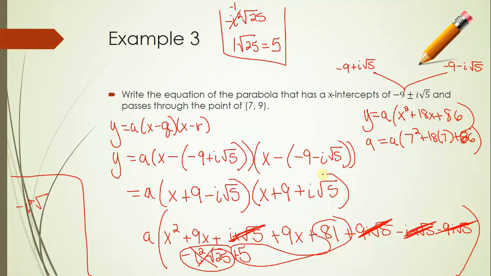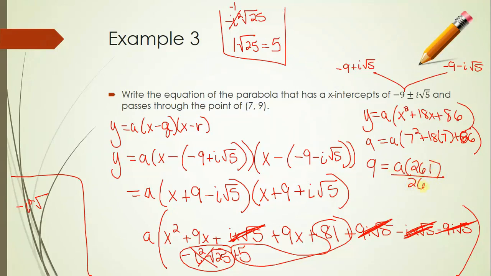So 7 squared is 49, plus 18 times 7, plus 86, which gives 261. So I got 9 equals a times 261.